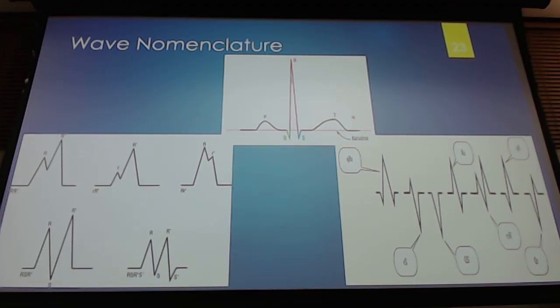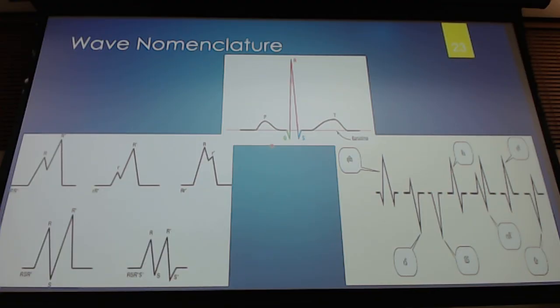That's normal. Remember that this P wave indicates depolarization of both the left and right atrium, right? Well, the R wave indicates depolarization of the left and right ventricle. So if there's something going on and they are not depolarizing almost simultaneously, we're going to see that by a split up of that R wave, okay?